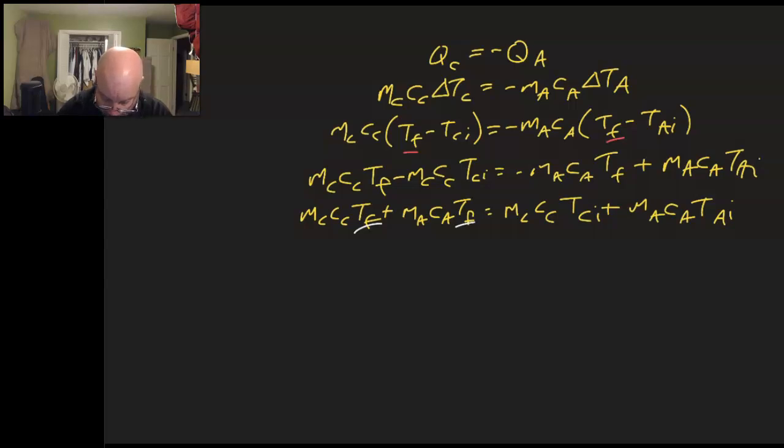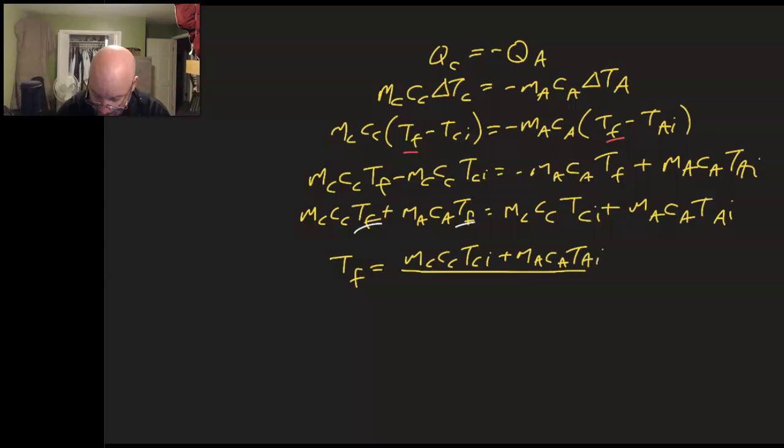So I'm going to end up with TF equal to MC CC TC initial plus MA CA TA initial, divided by MC CC plus MA CA, just like that. So that's what I've got for my final temperature there. Now we're ready to plug in some numbers. This is going to continue to be kind of messy, but I'm confident we can handle it.